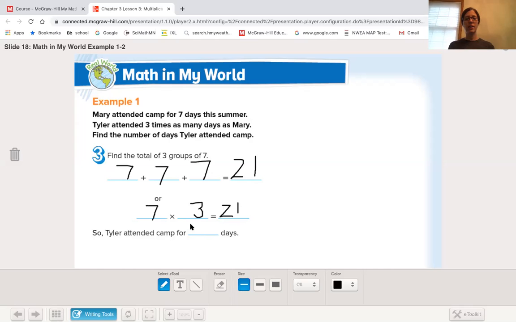So Tyler attended camp for 21 days. Now, this seems repetitive. However, you should know that repeated addition is a great way to solve a problem. If you don't know the fact, it's a great strategy. You used it when you were first learning multiplication, and now you're using it for seeing groups.